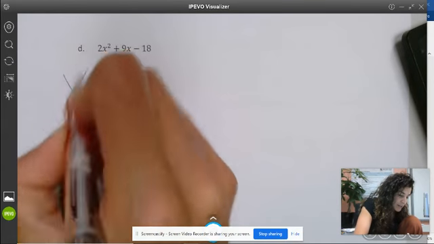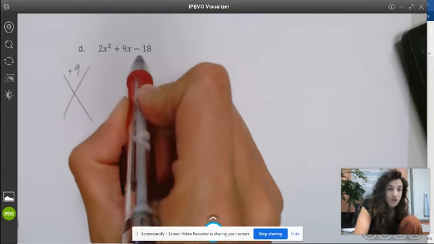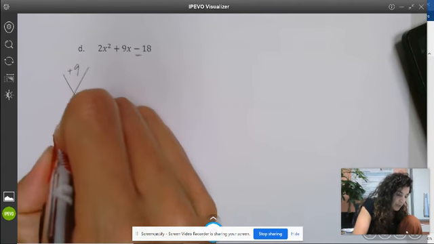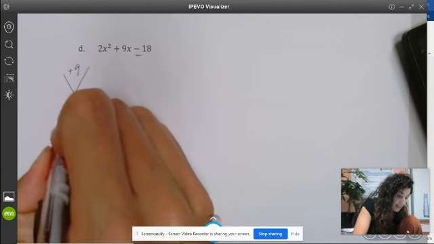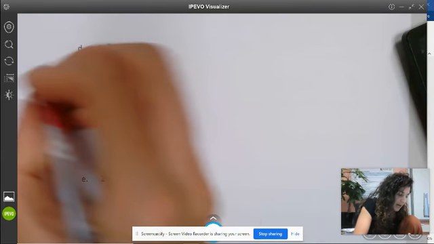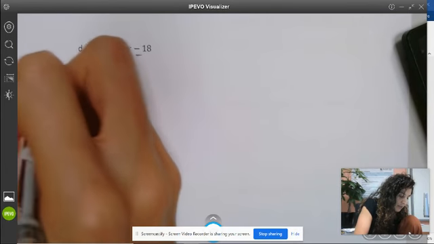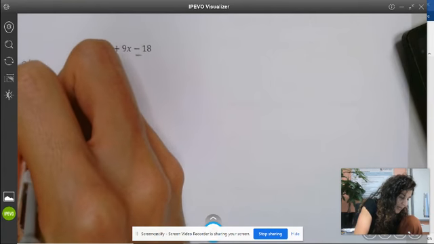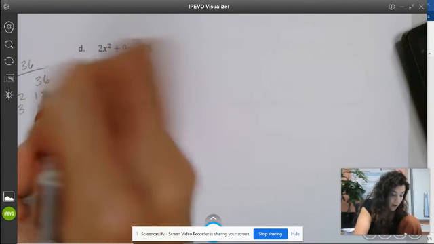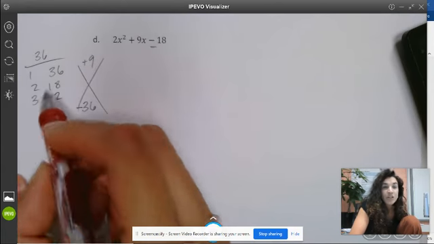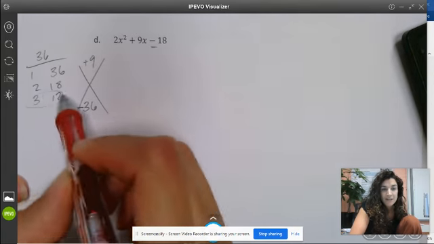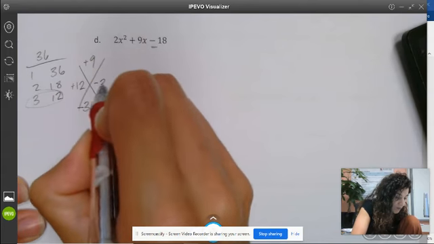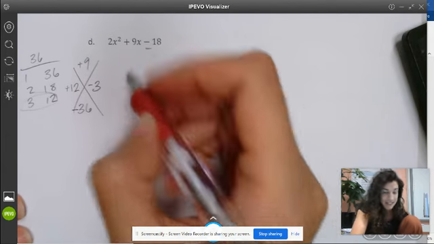For D, we want two numbers that subtract to 9 and multiply to -36. I might make a list of my factors to the side: 1, 36, 2, 18, 3, and 12, which I can stop there because I know that that has a difference of 9. We want it to be a positive 9, so it needs to be +12 and -3.